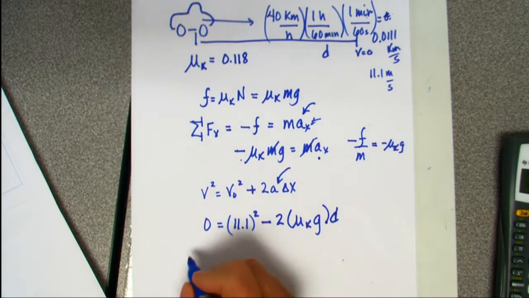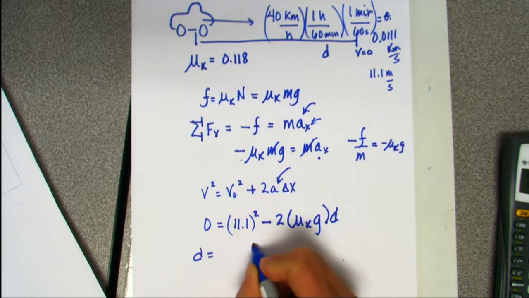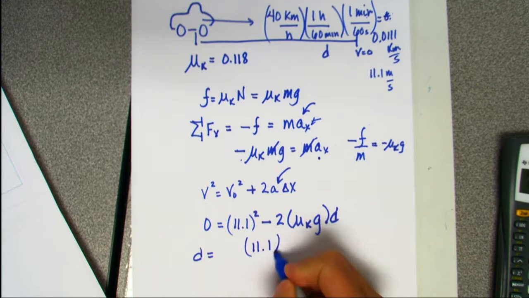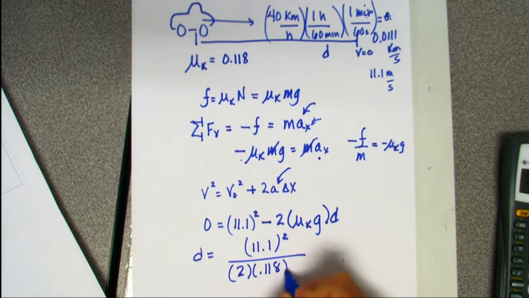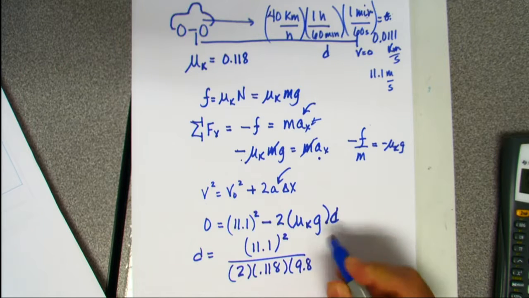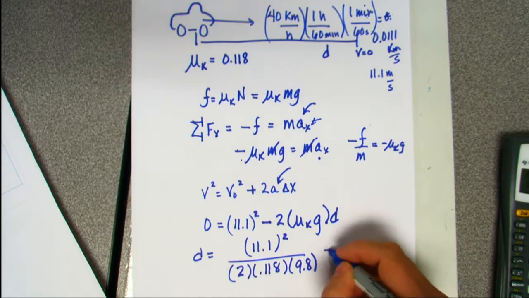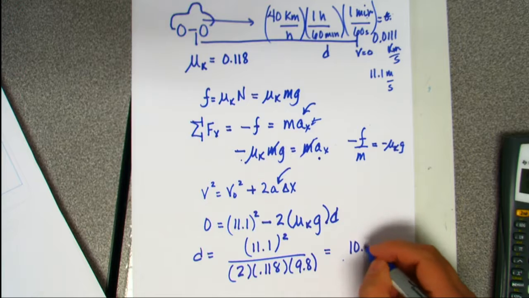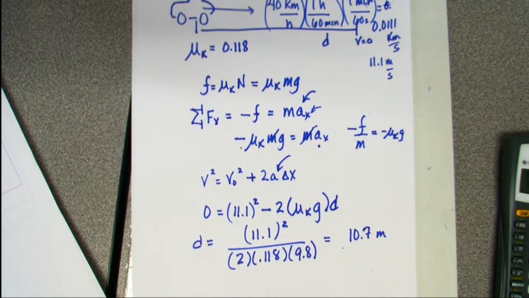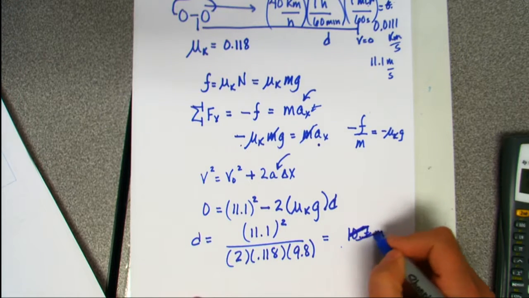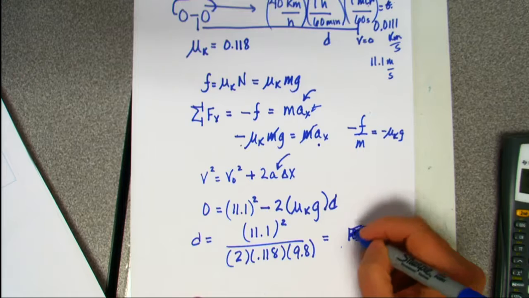So d is equal to 11.2 squared divided by 2 times my coefficient of friction times 9.8 meters per second squared. And this gives you 10.7 meters. Oh no, sorry, that was if it was a dry road.